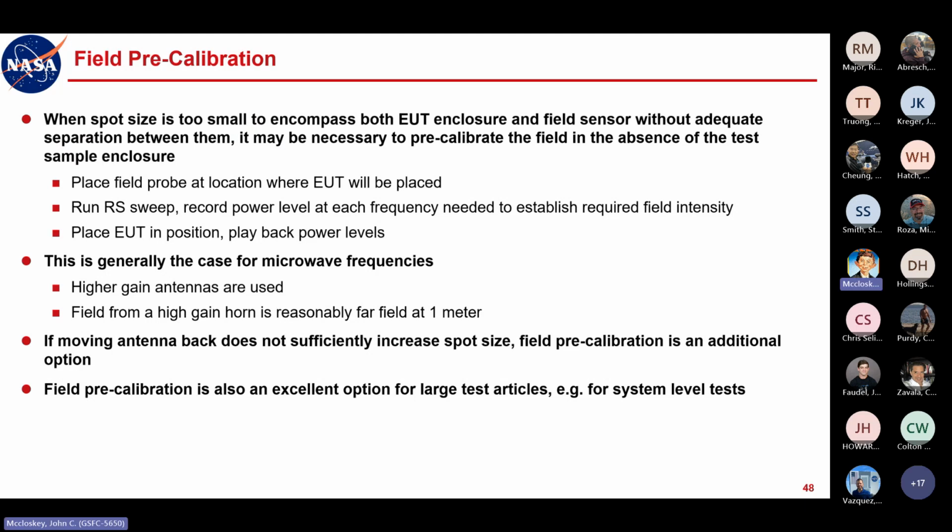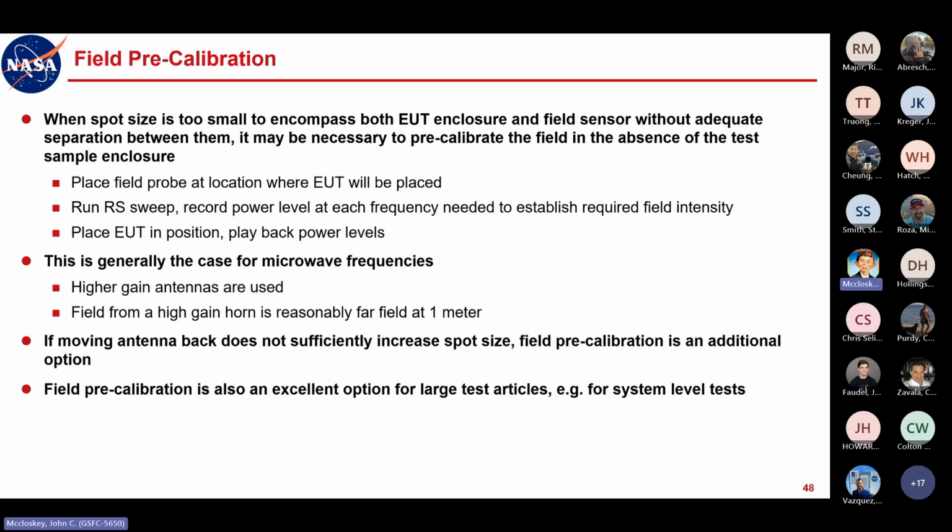Whatever your transmitter is, whether it's an onboard transmitter on your spacecraft or at the launch site, wherever it is, it's just transmitting power. And we've seen in many of our tests that the placement of the field probe is going to determine the level that you see, right?